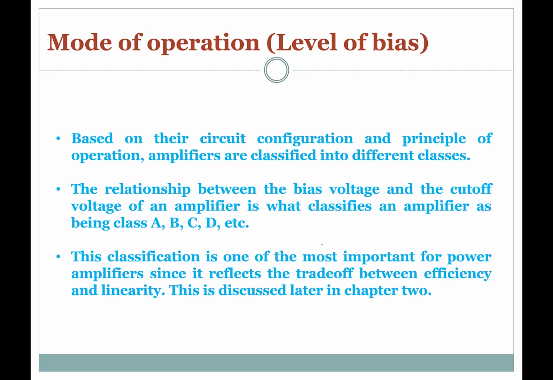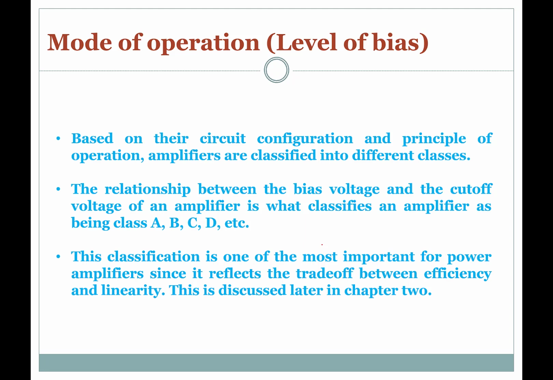Then based on the mode of operation, amplifiers can also be classified based on their mode of operation. Now the mode of operation could be whether they are a class A or a class B or a class C or a class AB or a class D amplifier.